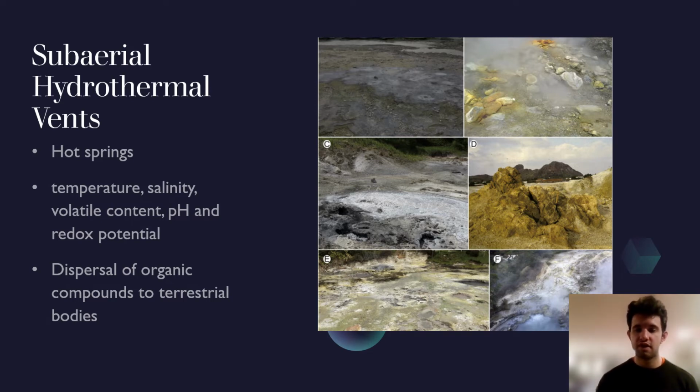So it is believed that photosynthetic organisms are more likely to have been created from these subaerial hydrothermal vents, where there is more access to sunlight than there is in submarine hydrothermal vents.